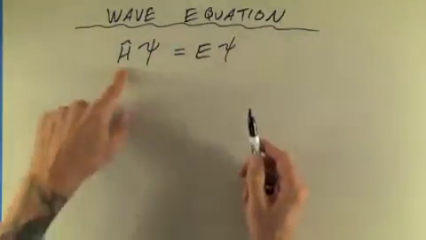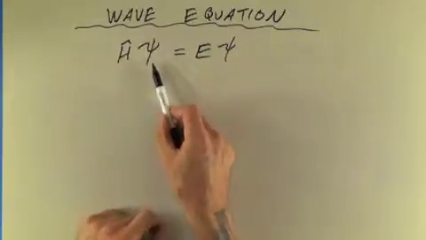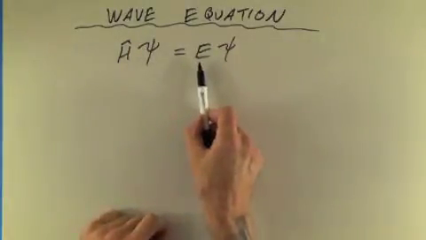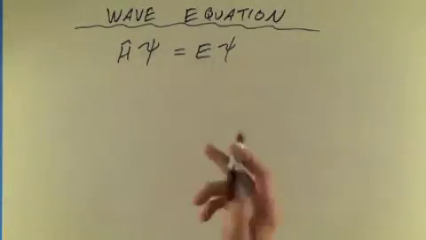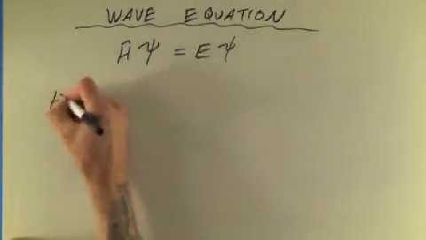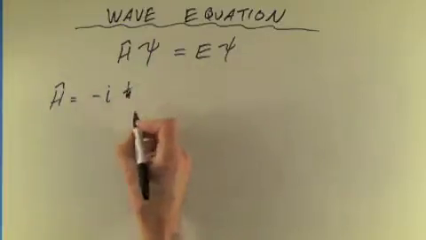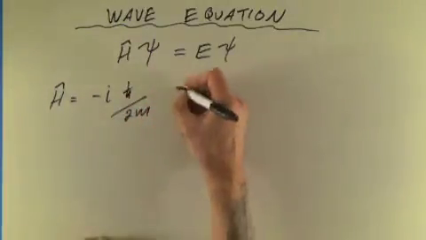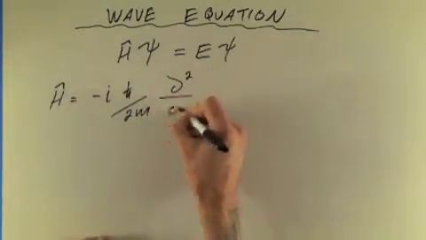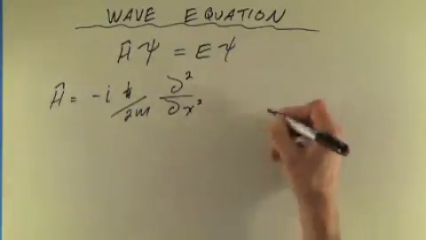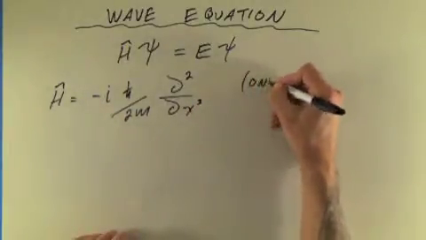That H with a little caret on top is called a Hamiltonian operator. Psi is the wave function, E is the value for the energy that you get, and you get the product of the energy and the wave function you started with. Now just if you're curious, that operator looks like this, at least in one form. It's Planck's constant over 2m. That's a partial differential operator.